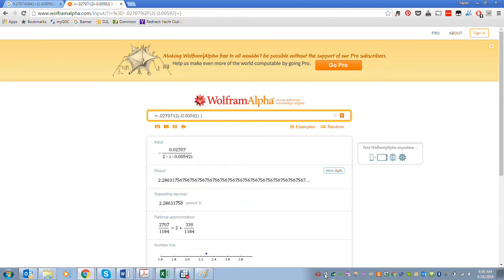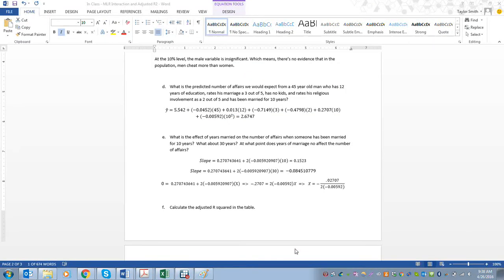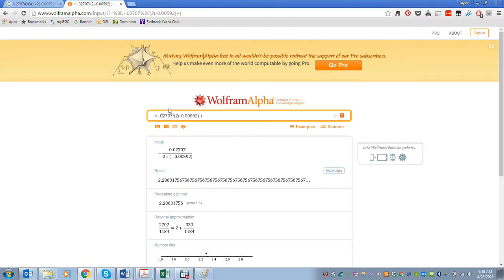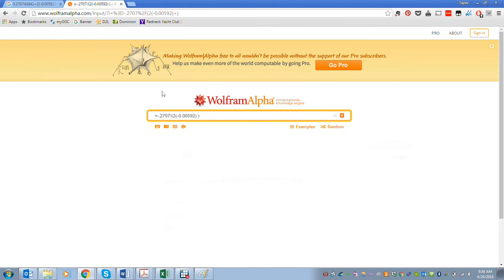Let's see, hang on. Okay, I figured out my problem. This should not be 0.027, it should be just 0.27. That changes a good bit. So with that in mind, we'll come back to our answer here and change it in our calculator to fix that problem.